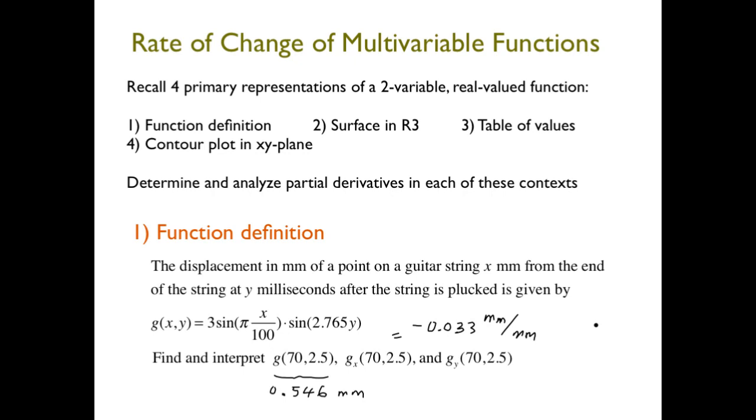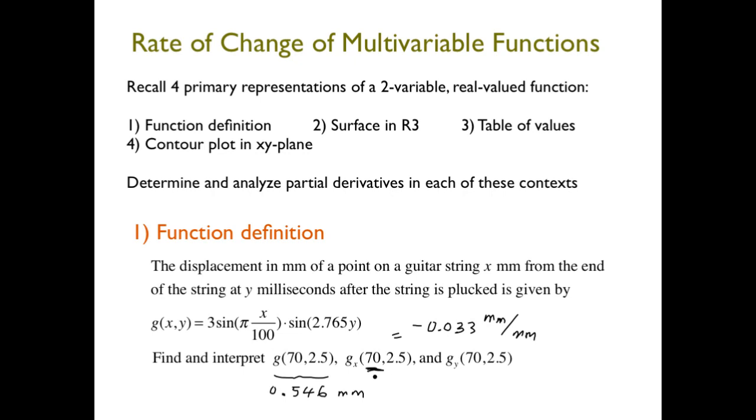So now let's interpret that. That's a rate of change. What does that rate of change mean? Given an x value, we're at 70 millimeters down the string.